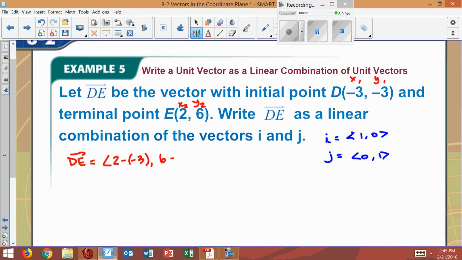And so I'd have 6 minus -3 there. Now this is how we'll find our vector. So here I have 2, and this will become plus 3, so I have 5. And over here I have 6 plus 3, which is 9. There's my vector. So we just found that DE is the same thing as 5, 9.